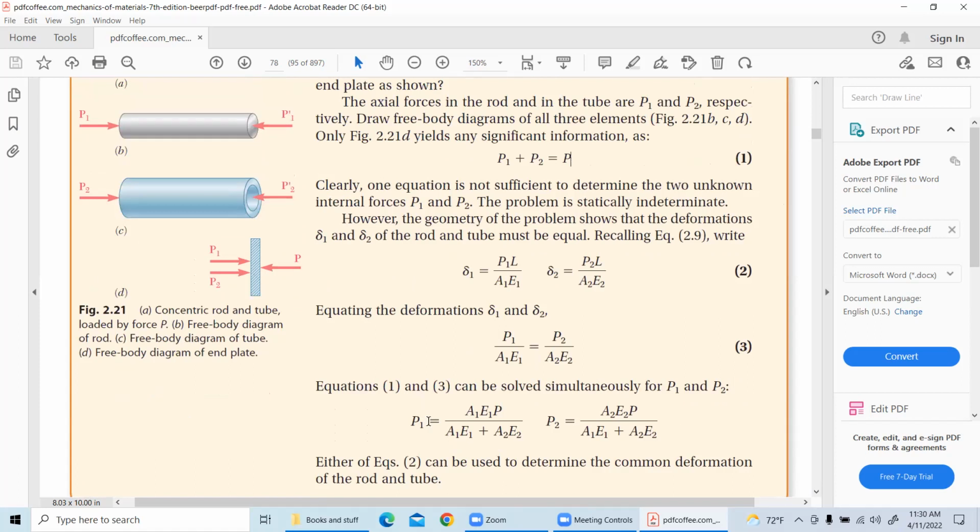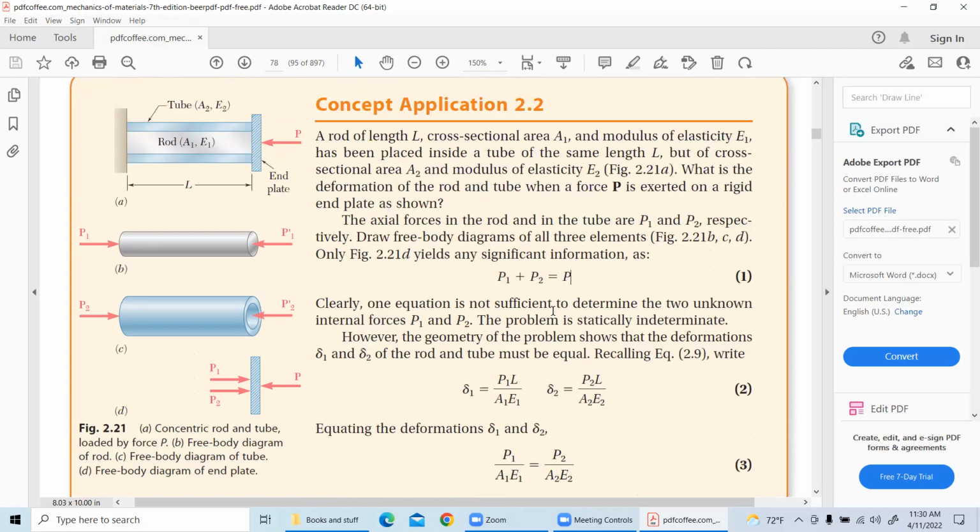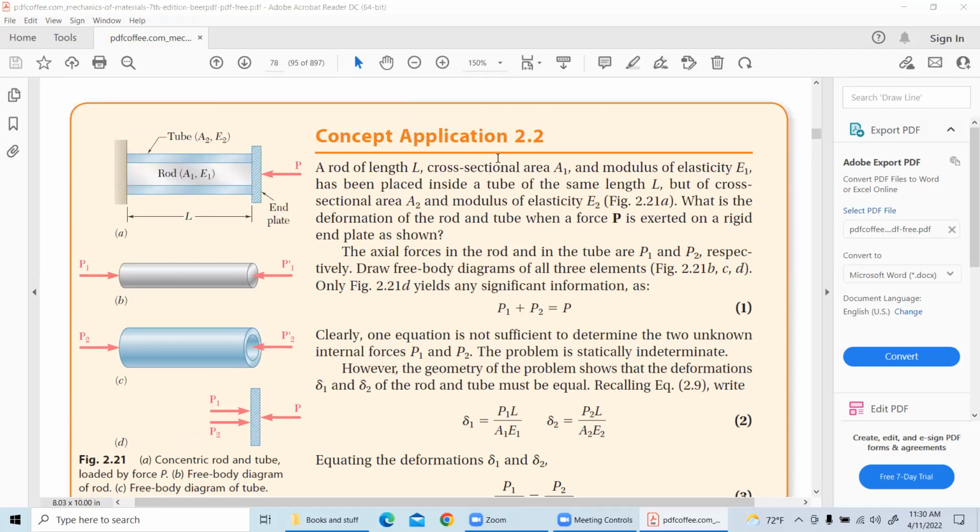Now I can find the stresses if I want. So two equations and two unknowns, P1 and P2. Again, this is the concept that we did today. Okay, any questions?